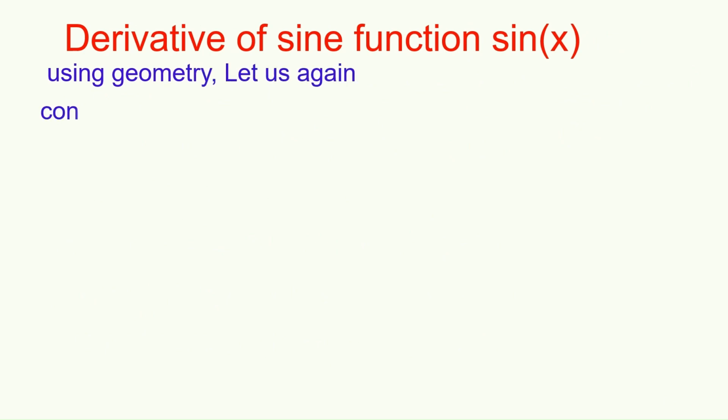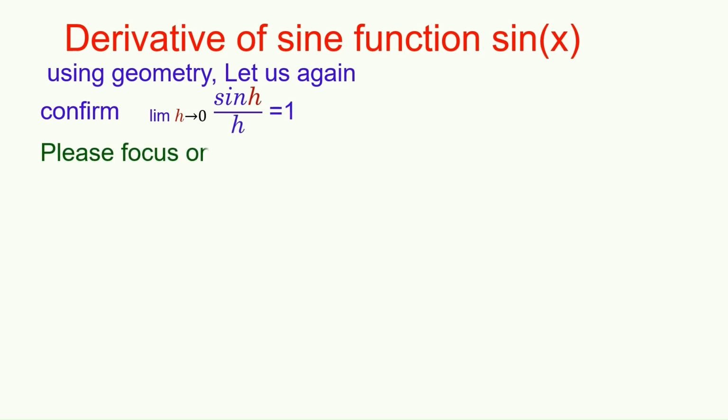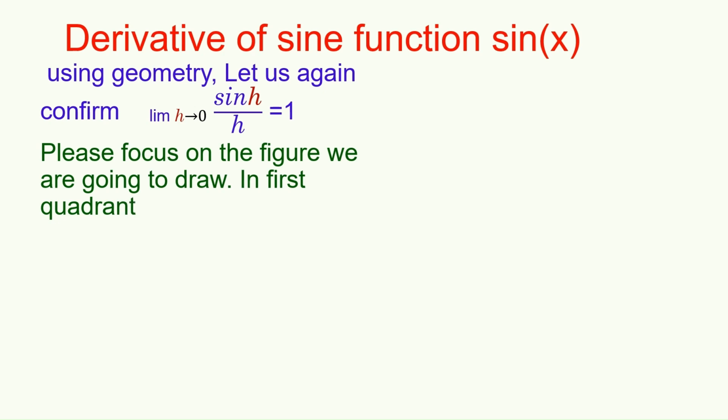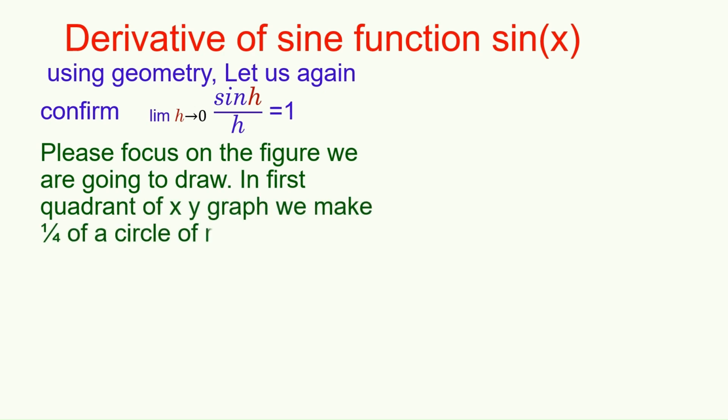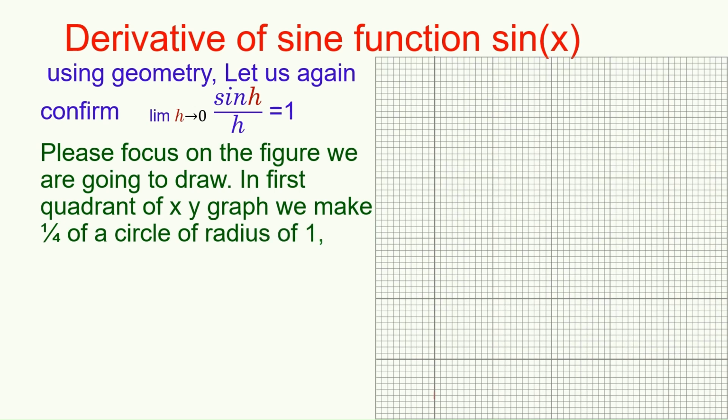Derivative of sine function. Using geometry, let us again confirm that the limit as h tends to 0 of sine of h divided by h equals 1. Please focus on the figure. We are going to draw, in the first quadrant of the x, y graph, a quarter of a circle of radius 1.